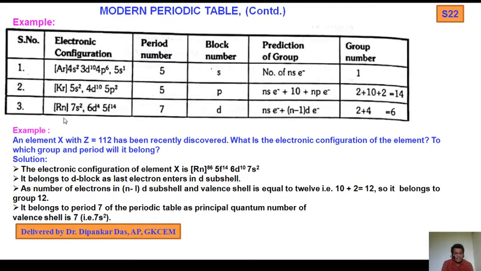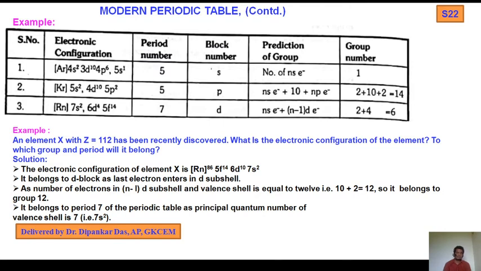Okay, again radon 7s2 6d4 5f14. So here n equals 7. So 7 means period 7, and the last electron enters what? D. So that is called a D block element. Okay. Now prediction of group. Number of electrons in NS, NS means 7s.